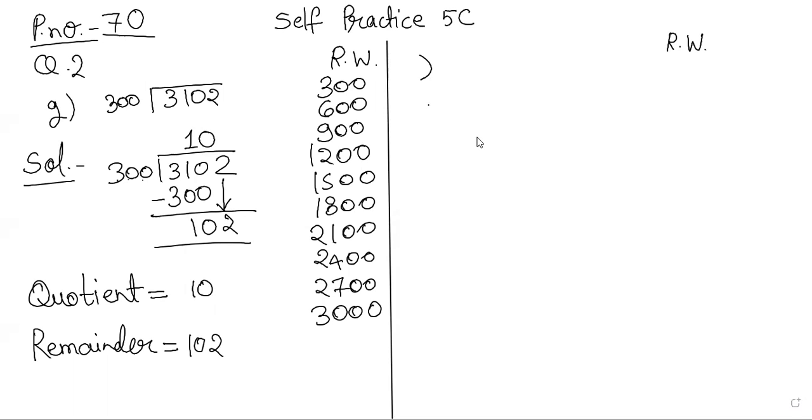Now question number H is your homework. Okay, only one question is homework. Question number H, try to do by your own. You can take a screenshot. Today exercise 5C has been completed.